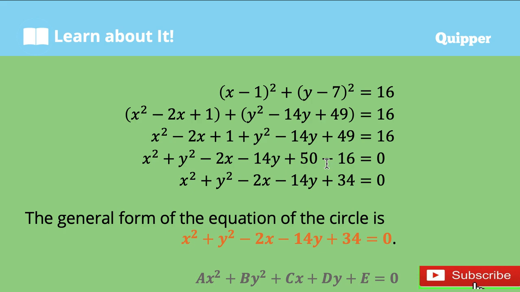So we have minus 16 and equate it to 0. 50 minus 16 is positive 34. So our general form of the equation of the circle is x squared plus y squared minus 2x minus 14y plus 34 is equal to 0.